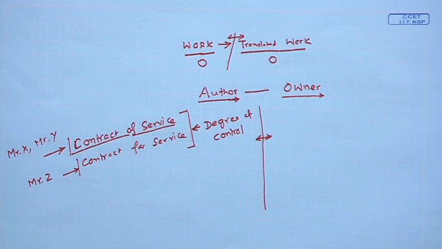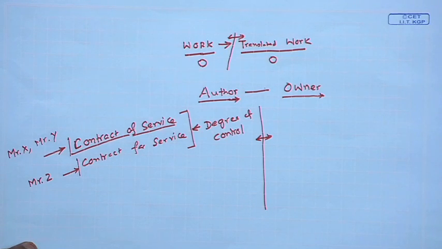Okay, degree of control. So, contract of service and contract for service, as I said, sometimes we call a master-servant agreement. Now, what degree of control can the employer, or the person who is executing that contract, exercise over them?